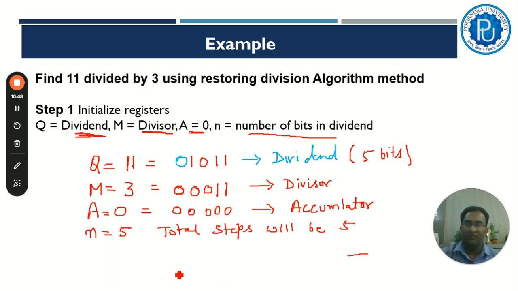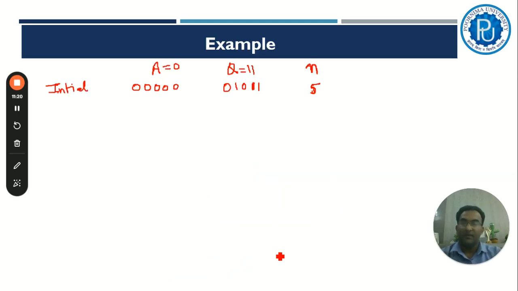So when you perform A equals A minus M, which is equivalent to A plus minus M, we are going to have a negative value of the divisor there. So for that we will take the 2's complement of the 3 there, and we will add it to the accumulator when we are doing the subtraction, because we know that the subtraction is performed with the help of the 2's complement method there.